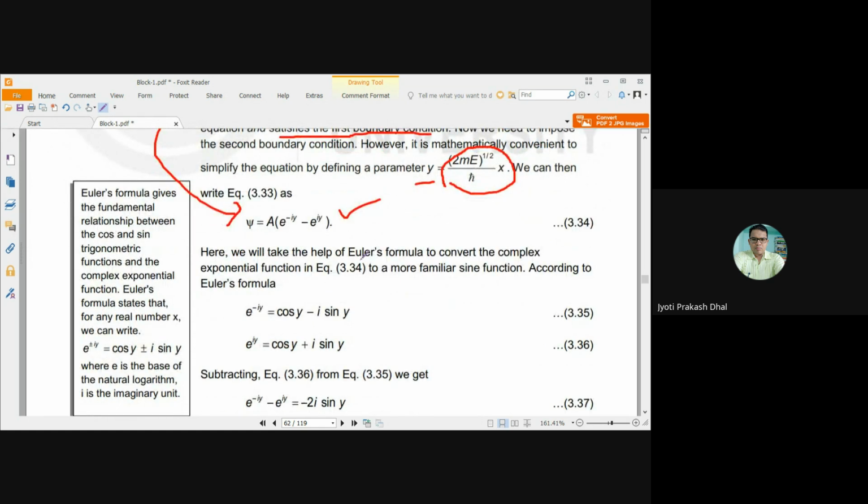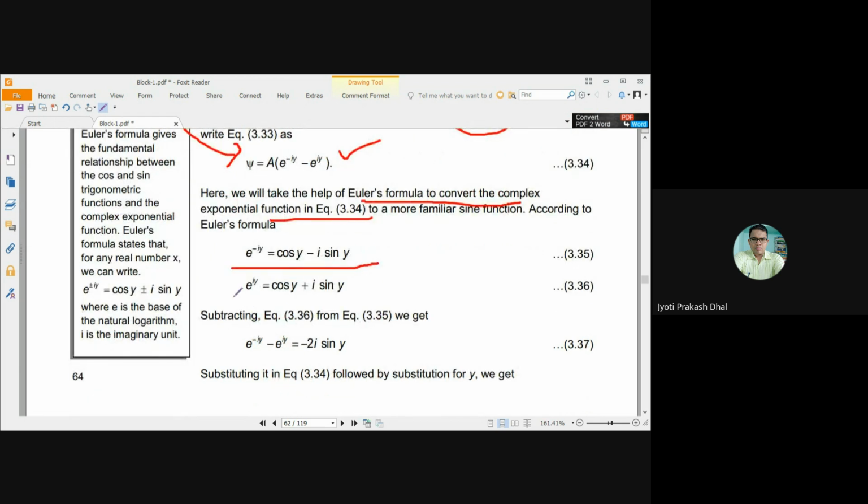Now, we will take the help of Euler's formula to convert the complex exponential function. According to Euler's formula, we know that e to the power minus iy equals cos y minus i sin y. Similarly, e to the power iy equals cos y plus i sin y.